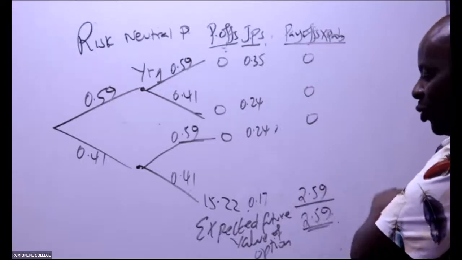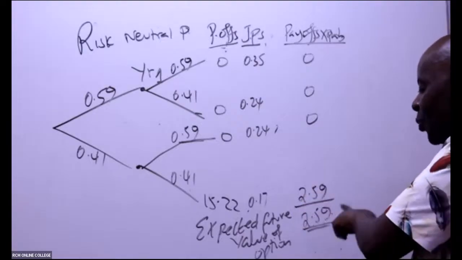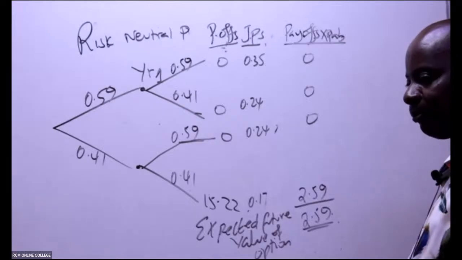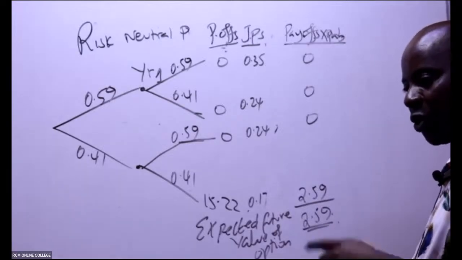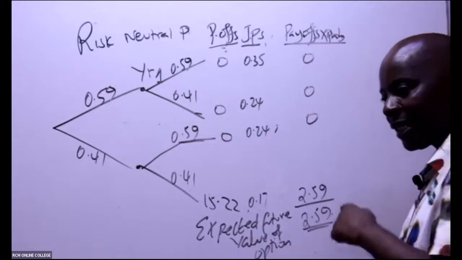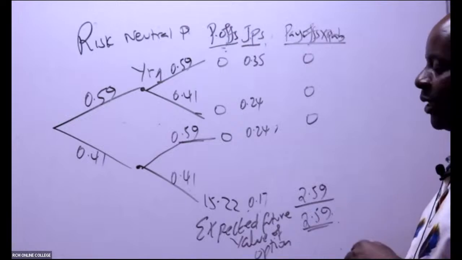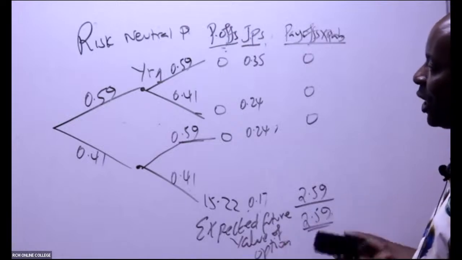So what shall I do with this figure to make it present value? We need to discount it at the risk-free rate. That is the last step.